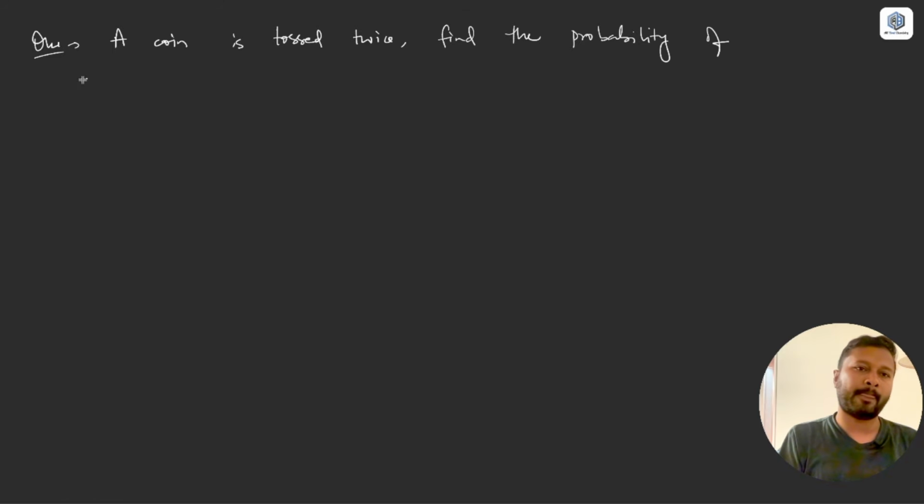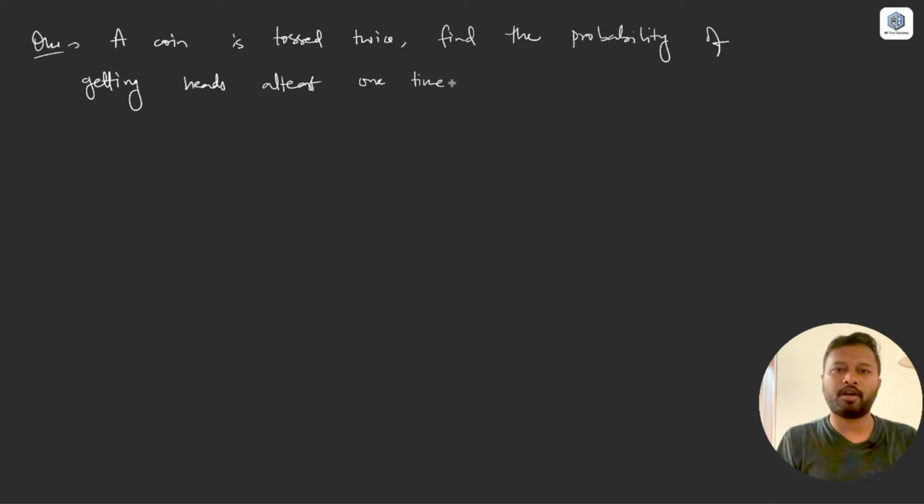It says that a coin is tossed twice, means 2 times. Find the probability of getting heads at least one time, or at least once.